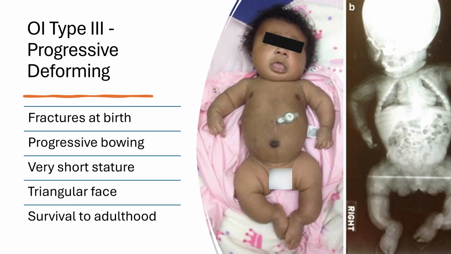Despite the severe physical manifestations, intellectual development remains completely normal, making this a condition that affects the body's structure while leaving cognitive function intact. The survival to adulthood distinguishes this from type 2, though the quality of life depends heavily on aggressive medical management and adaptive strategies.